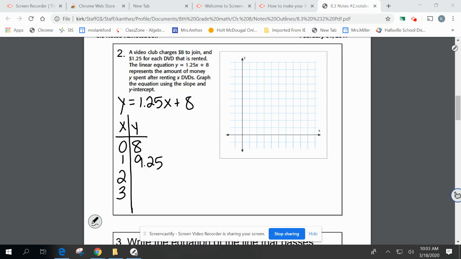If I plug in 2, I end up with 10.5. And with 3, I end up with 11.75. You could maybe make this graph go by 2s, which would be a good choice.